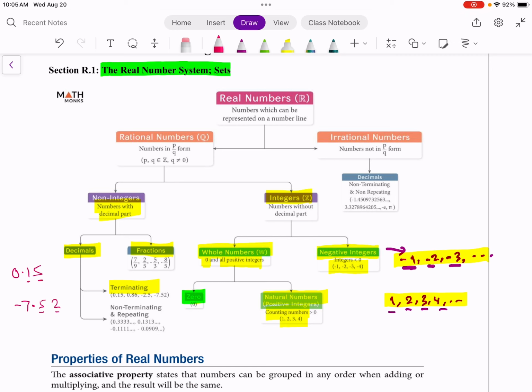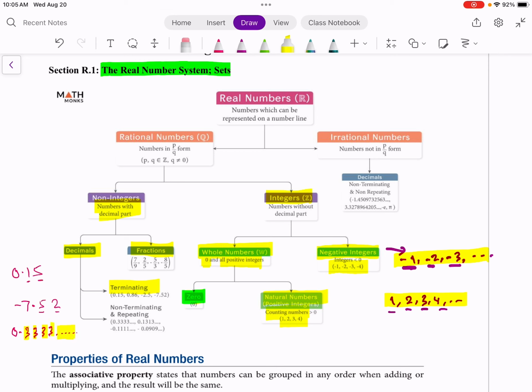Okay, the next type of decimal, we can have a non-terminating and repeating decimal. For example, like 0.3333 and so on. So we have a repeating number, we have a 3 every time, and it's non-terminating.